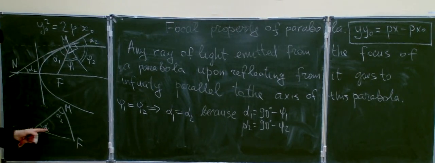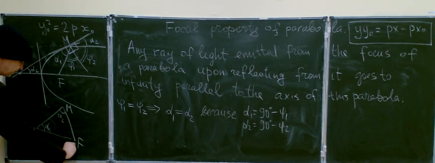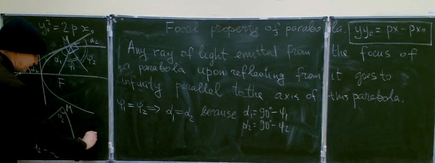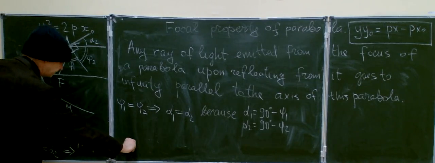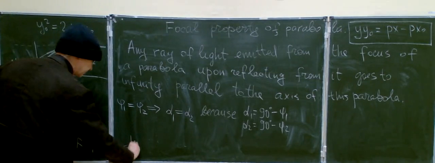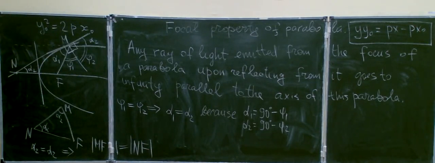So from alpha 2 equal to alpha 2, we derive that the distance MF is equal to the distance NF. This means that the triangle NFM is equilateral.